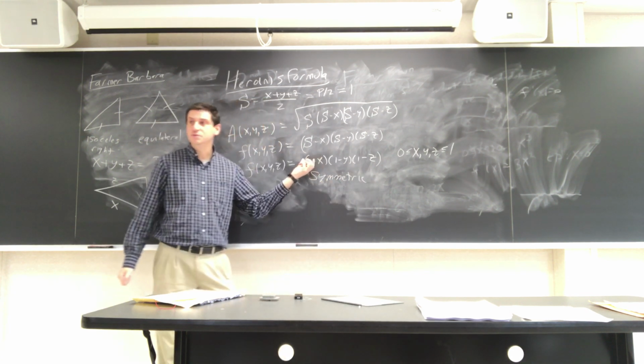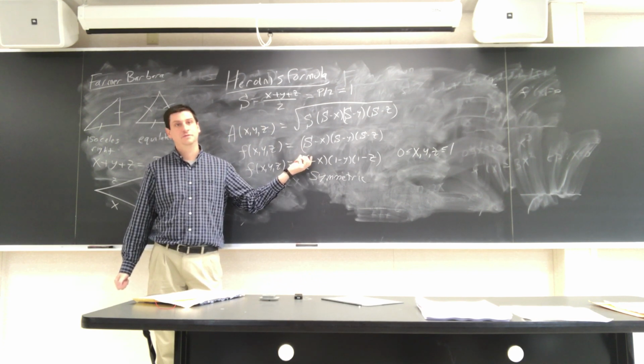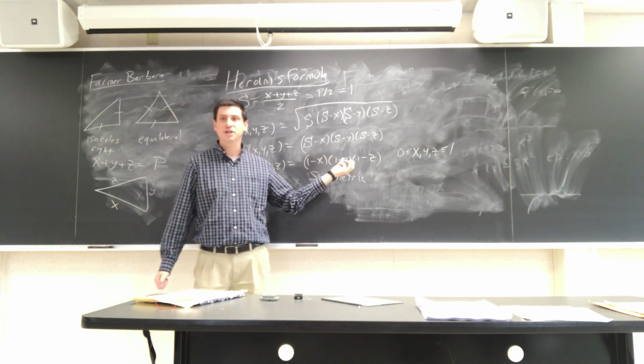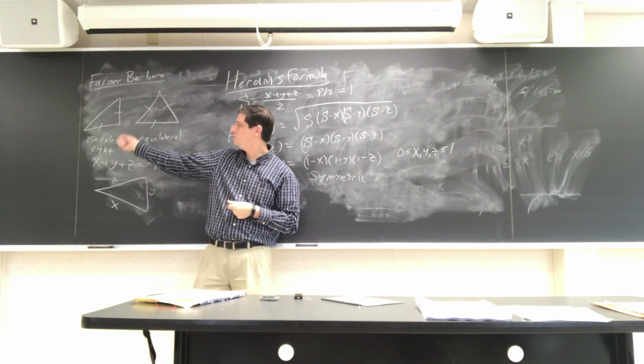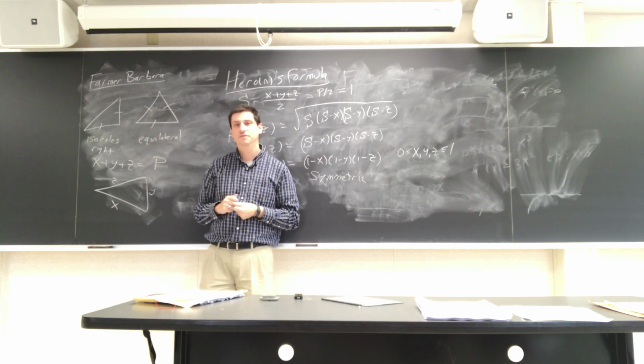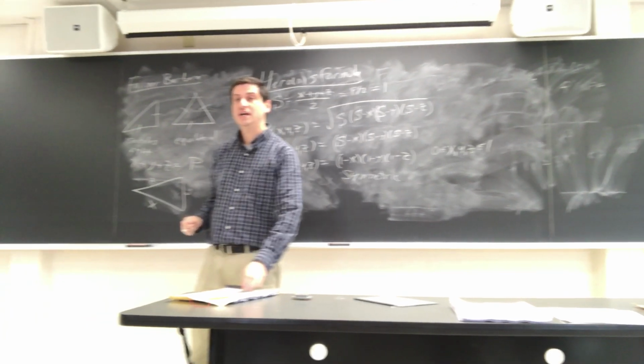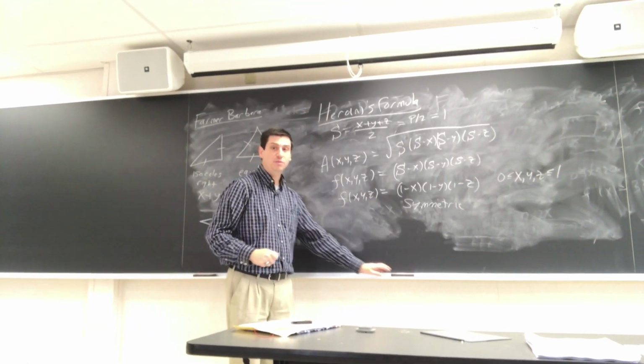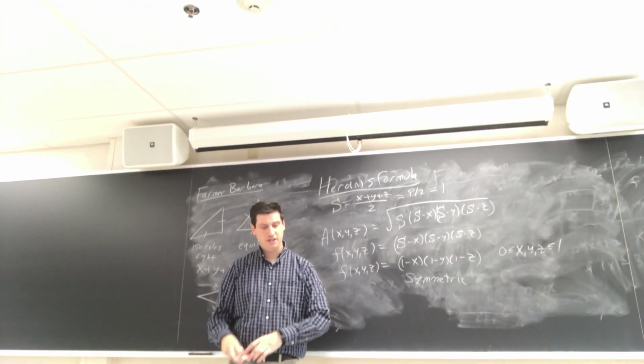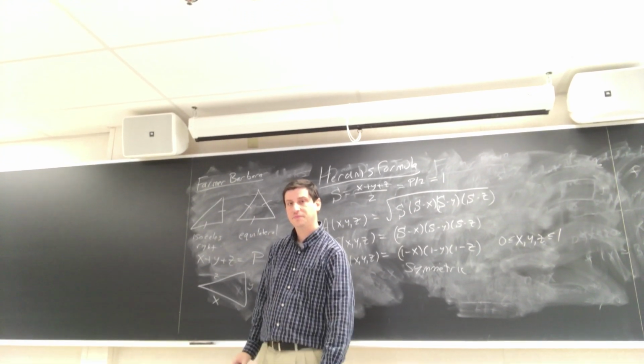Can you tell the difference between x, y, and z? No. So because I can't tell the difference between x, y, and z, which do you think it is, the right triangle or the equilateral? Equilateral. Probably the equilateral, because I can't tell the difference between the three of them, so I would guess that the optimal point would probably be where all three of them are the same.